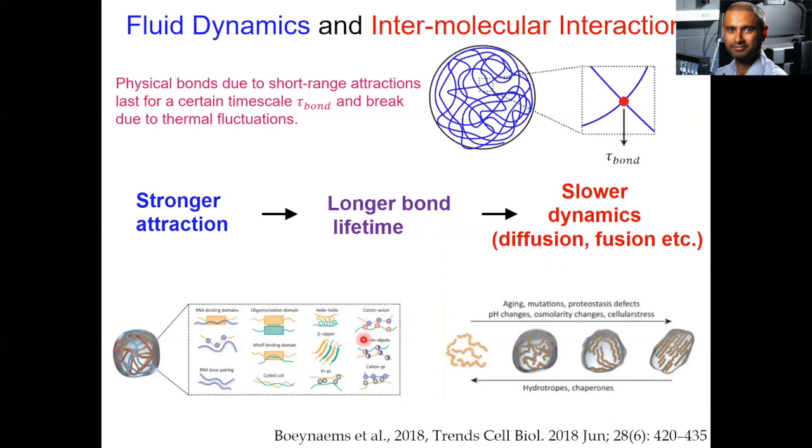So these disordered repeat sequences could give you the license of multivalent interaction, and the strength of such interactions might be important for understanding how the fluidity of these condensates is regulated.